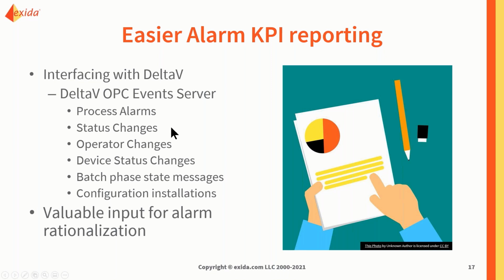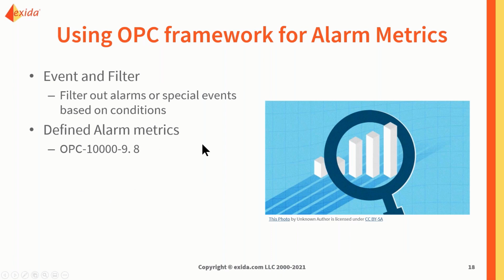Other than just bridging two different make systems, within the OPC framework they actually have a strict definition, laid out extensively in detail, about what kind of information or alarm metrics need to be shown within the OPC framework. They have a special event and filter function within the OPC framework that tries to filter out alarms or some special events based on special conditions.